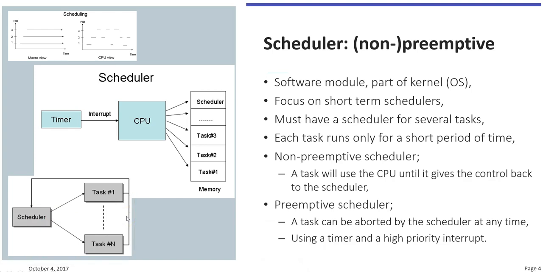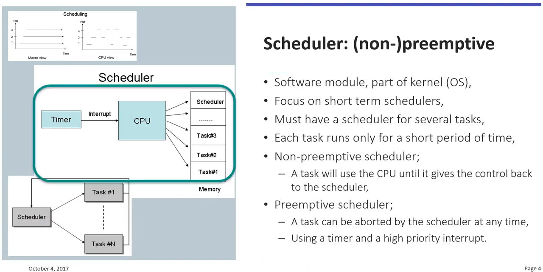The other scheduler is a preemptive scheduler. Instead of giving the control back, it has a timer that is controlling one of the interrupts, normally the interrupt with the highest priority. So we have timer ticks sending interrupts to the CPU, and when the CPU is aborted by an interrupt, it will always start the scheduler.